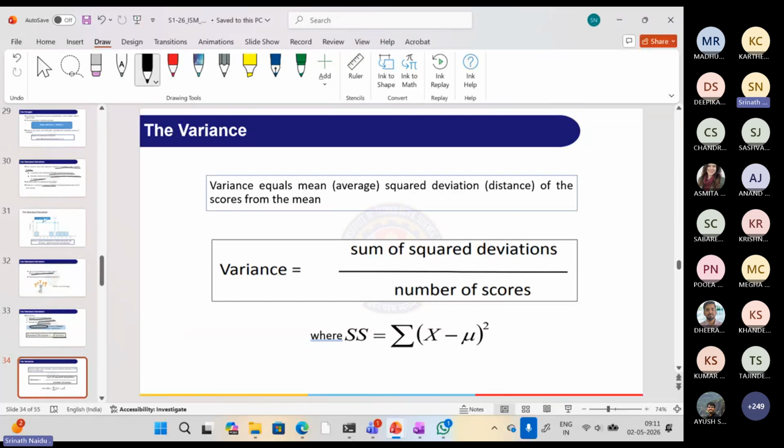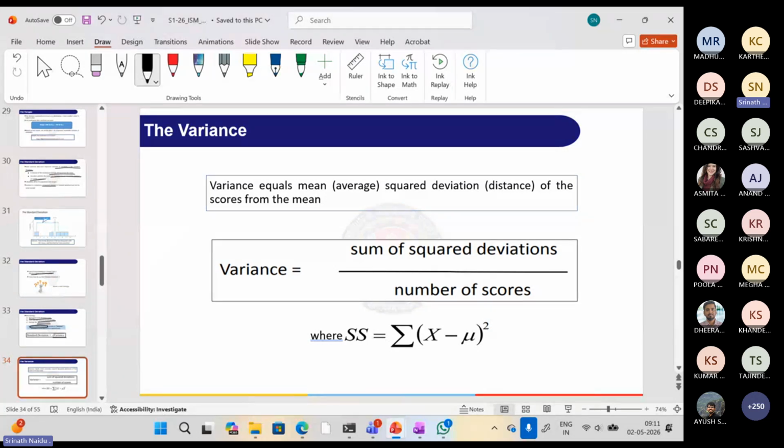That was the goal. Then one of you came up with a very good idea, which was to take the moduli of the deviations. That serves the purpose. The moduli ensure that you only take the absolute value of the deviation, so the sum still gives you a good idea of the spread.